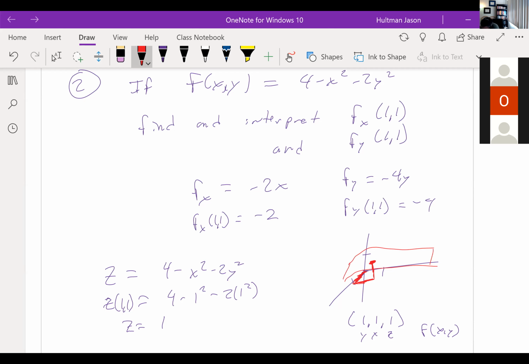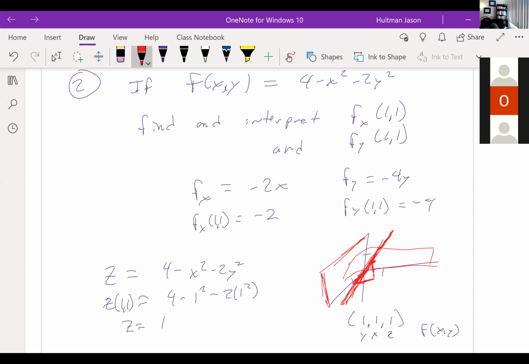And so what does the partial derivative with respect to x mean? Well, it means we're fixing y. We're letting y be constant. So that means that the slope of the tangent line that runs parallel to the xz plane. Here's the xz plane, right?